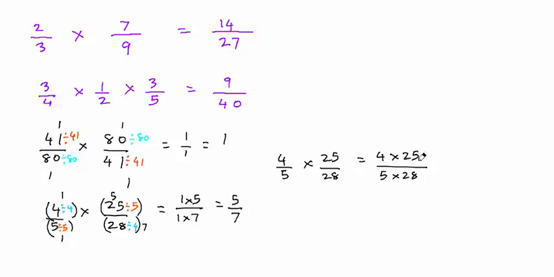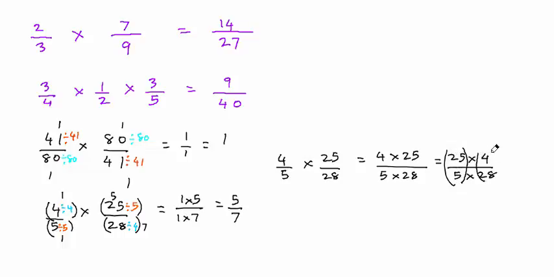You can multiply numbers in any order, it still gives you the same answer. So you could just rewrite this as 25 times 4 over 5 times 28, and now if you look at the two pieces, this one might be one single fraction, 25 over 5, and in that case you would have reduced it, right?